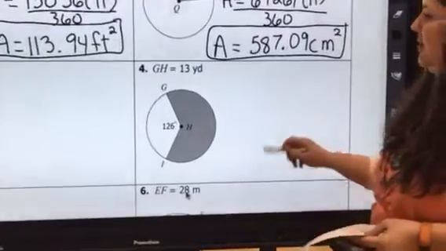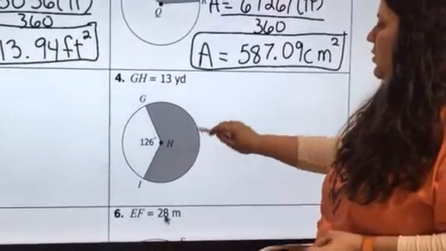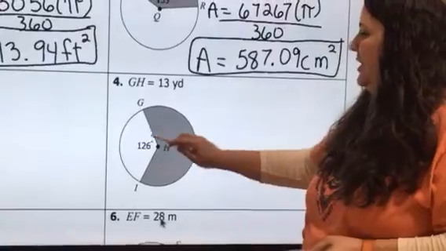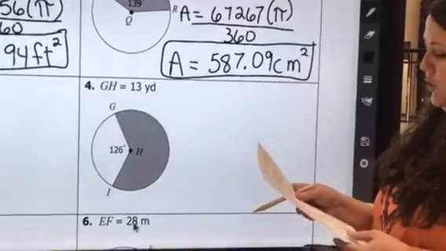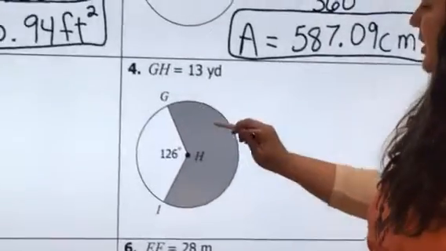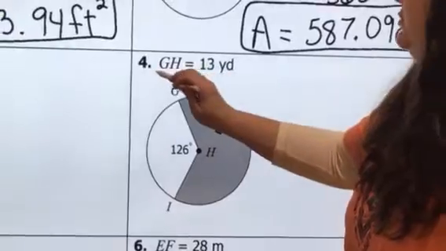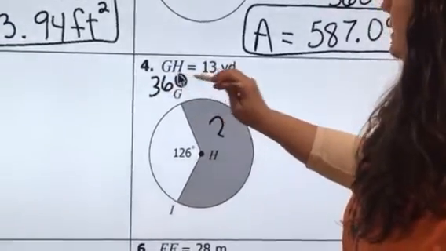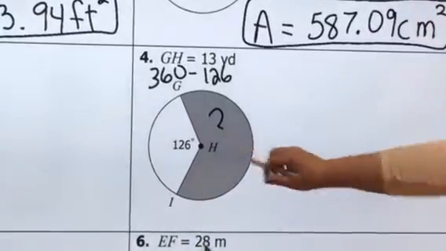If you notice on this one, the shaded area is what we need to have for the degrees, but they gave us this portion in here. So in order to do that, we need to figure out what this is. All you have to do is do 360 subtract 126 to figure out what's left in here.